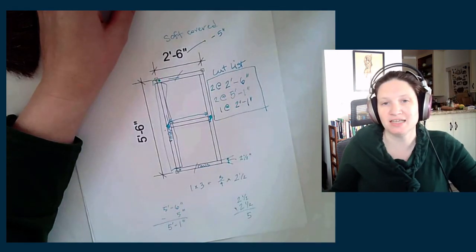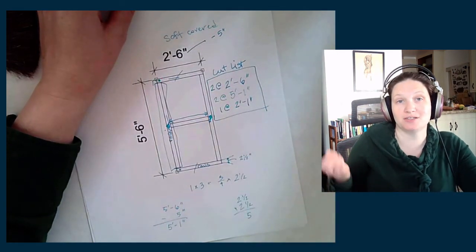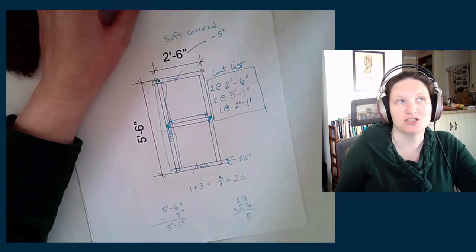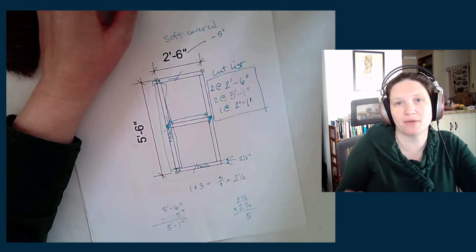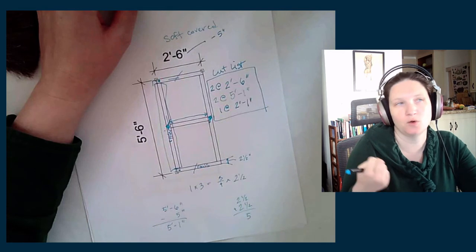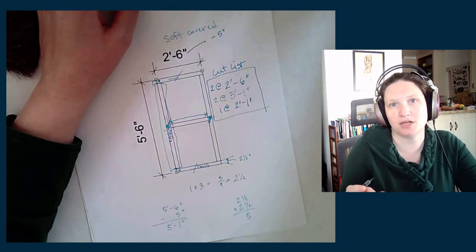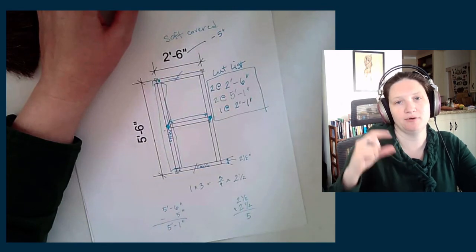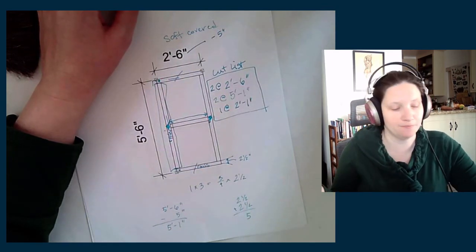If I have materials of different kinds, I break my cut list down. So if I'm going to be using 1x3 and Luan plywood, I would have those different things inside of that cut list, right?